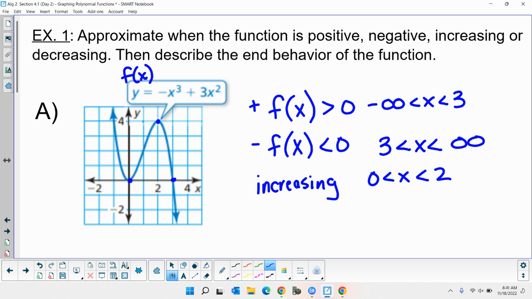See that? That's the only spot, right? It's decreasing from negative infinity to 0. And from 2 to infinity.